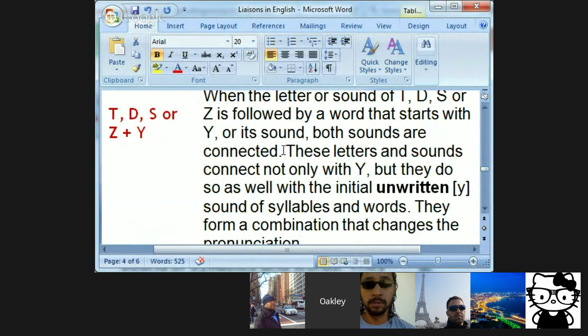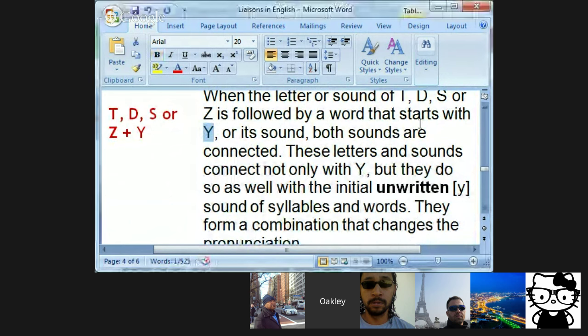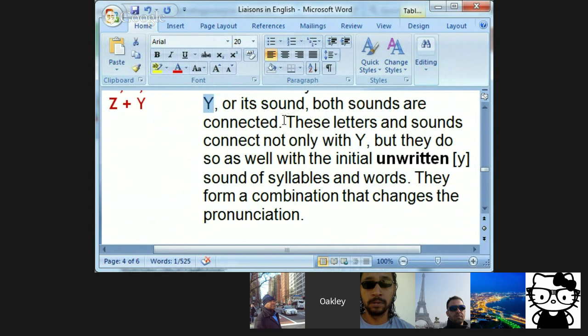Actually, let's look at some liaisons with Y. This is very common. Words that start with Y, you, your. TDSZ followed by a word that starts with Y. Any ending sound, TDS or Z, these sounds get connected, liaison, they get joined.